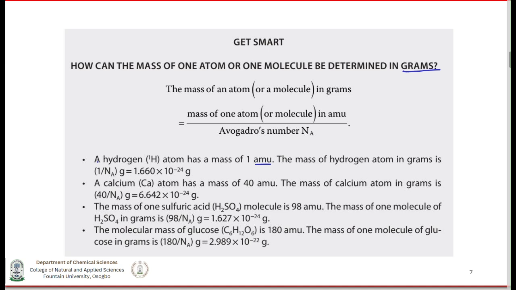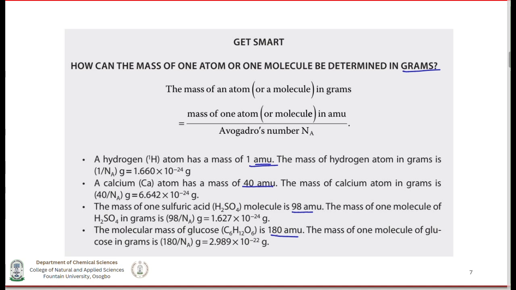For example, one hydrogen atom is 1 atomic mass unit. For calcium, it is 40 atomic mass units. For sulfuric acid, it is 98 atomic mass units. For glucose, it is 180 atomic mass units.